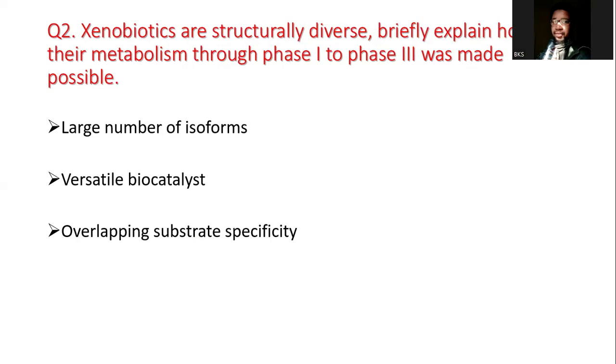Those classes of enzymes are the ones that metabolize xenobiotics. And this particular property of a large number of isoforms and overlapping substrate specificity made them a very versatile biocatalyst. And this is basically the summary.